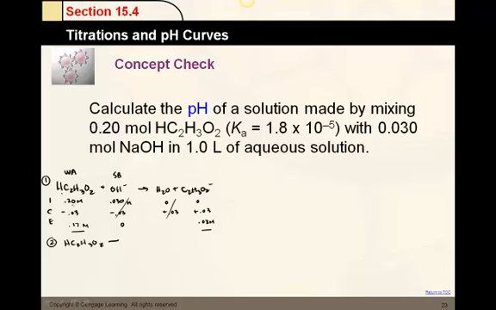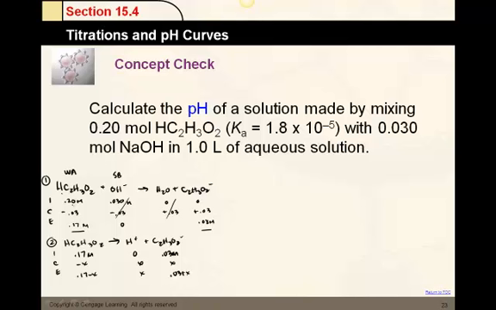So I'm going to write this one acting like an acid, and I'm going to ICE again. You might say, wow, there's a lot of icing happening. 0.17 molar. This is 0.03 molar, and we don't have any of this. Minus x, x, x, 0.17 minus x, x, and 0.03 plus x.